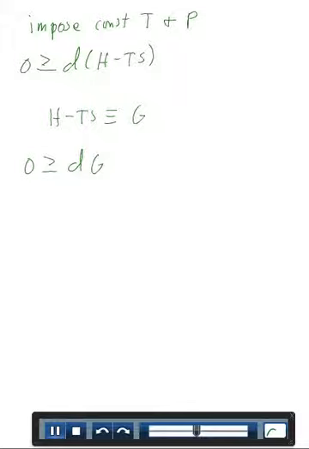It can be 0 if the process is reversible, but it will always be less than 0 for a non-reversible process. So I can write this as delta G has to be negative for a spontaneous process.